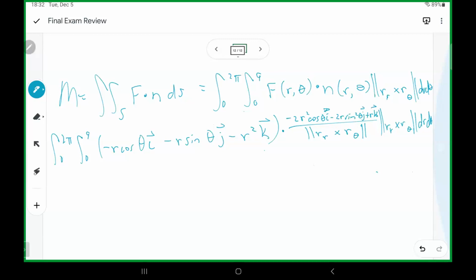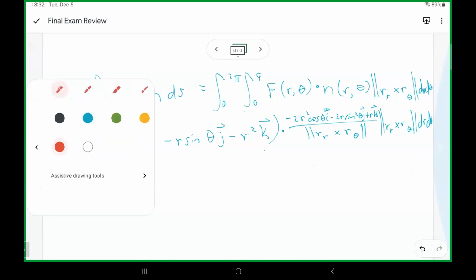All right, nice. I like that I was able to squeeze that in there. And these parts cancel.